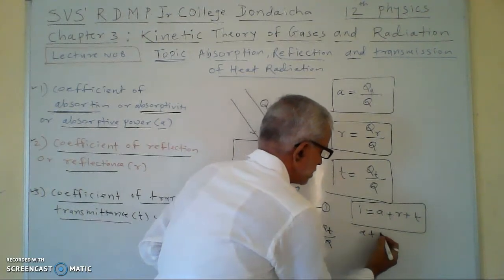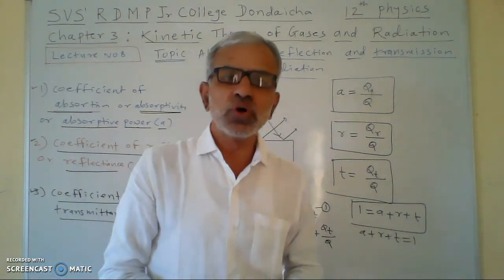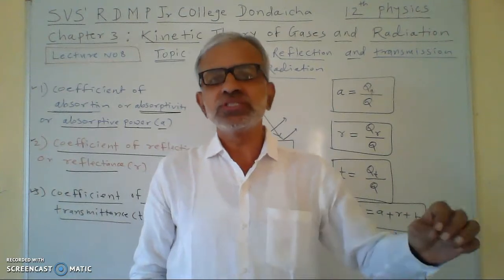So the addition of all the coefficients for a given body should always be 1.